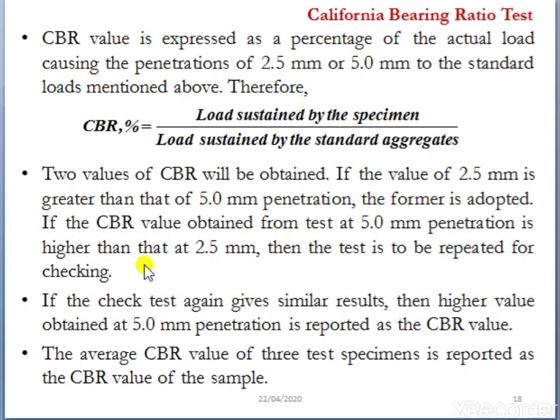The average CBR value of 3 test specimens is reported as the CBR value of the sample. So 3 samples are prepared and the test is conducted for the 3 samples, and the average of the 3 results is considered as the CBR value for the sample.